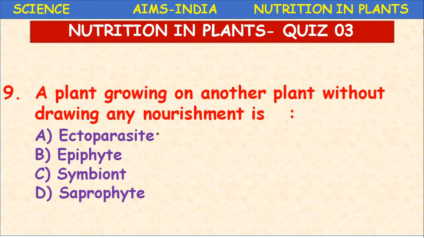Parasites, particularly animal parasites, are classified into ectoparasites and endoparasites. Ectoparasites means the parasites which are present outside the host, on the surface of the host. Endoparasites means the parasites which are present inside the host.